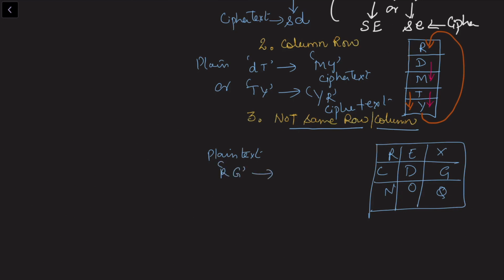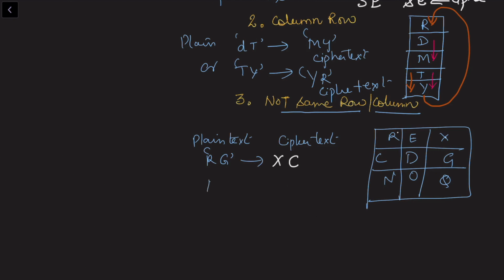You see that R is here and G is here. Corresponding to the first letter, look at its row and the second letter's column. So R will be replaced by X, and corresponding to the second, G, look at its row and the column of the first letter. So I will replace R by X and G by C.